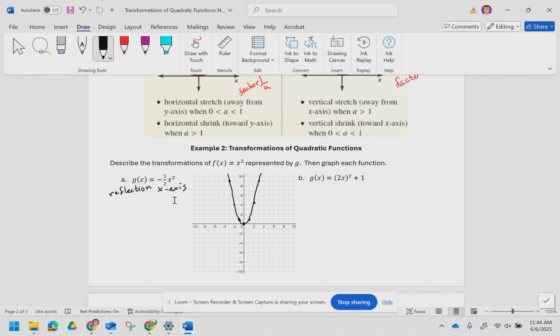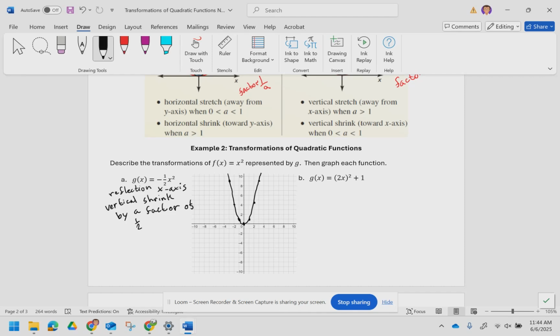That means this is going to be a vertical shrink or vertical compression by a factor of 1/2.